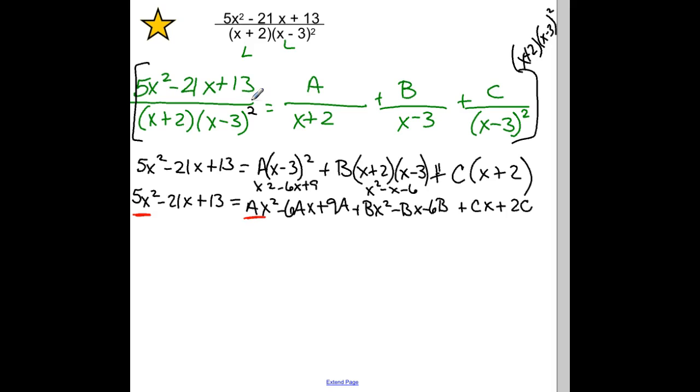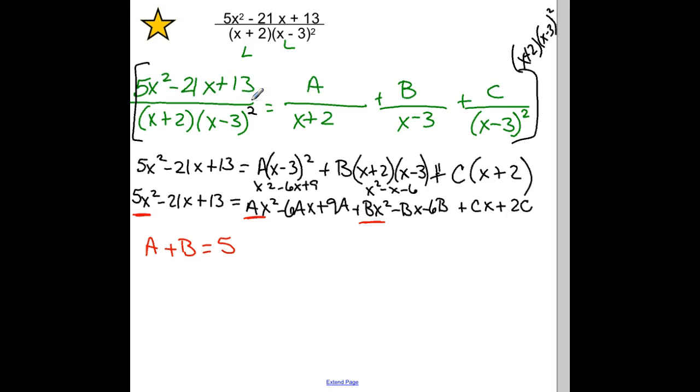You've got a of them here, b of them here, and that's it. So, the 5 on this side has to balance with the a plus b on that side? Yes? Okay, I'm actually going to rewrite this so that it's more in our normal matrix format. Okay, so the a plus b has to balance with the 5.